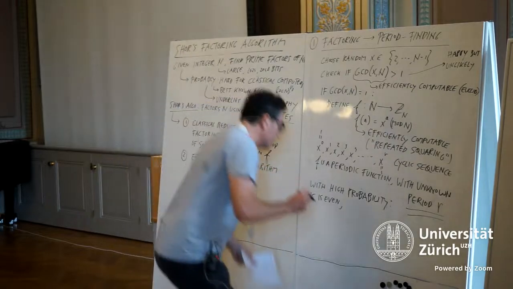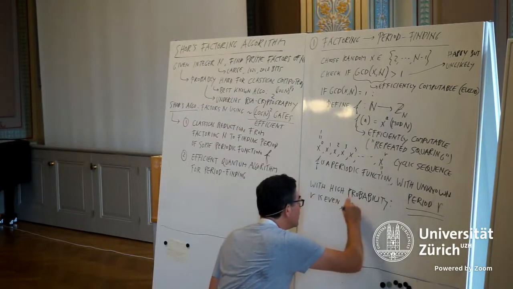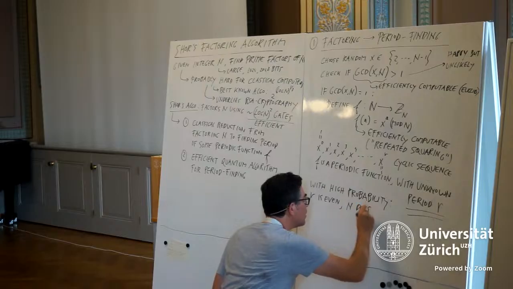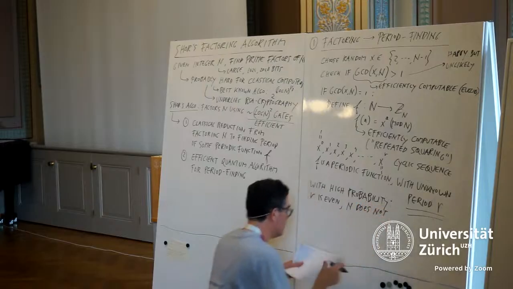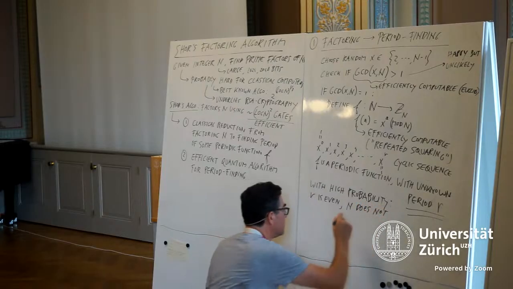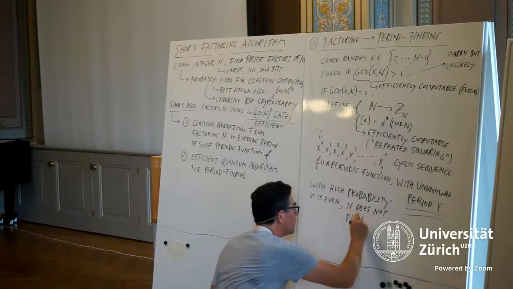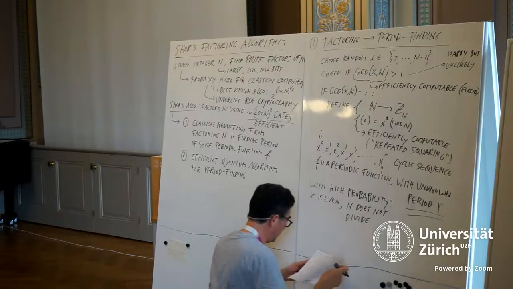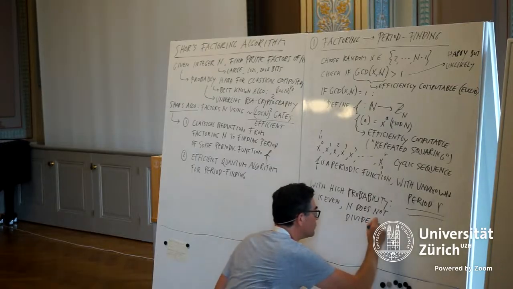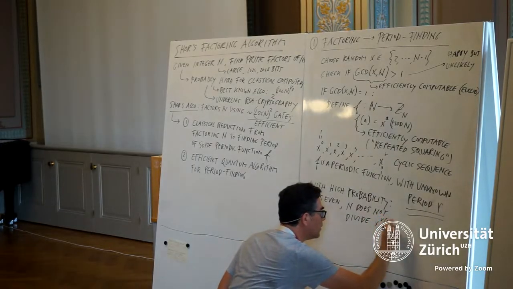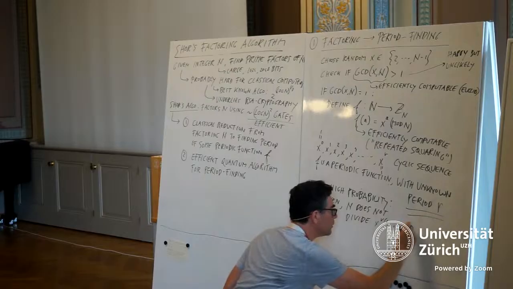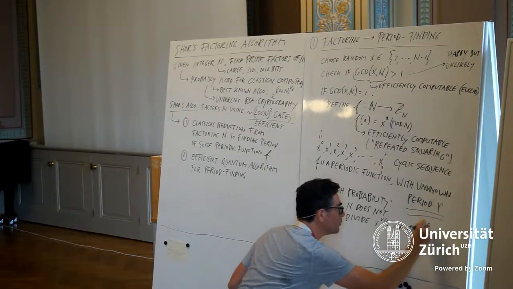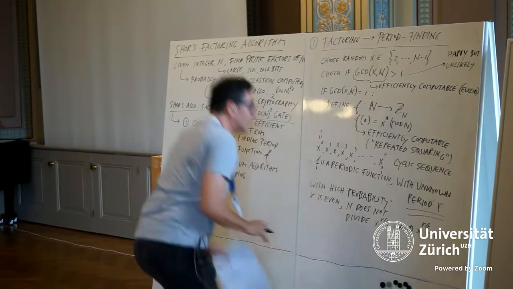And the number n does not divide the numbers x to the r over 2 plus 1 and x to the r over 2 minus 1. You'll see in a second why these assumptions matter. Just believe me that this is going to happen with high probability.